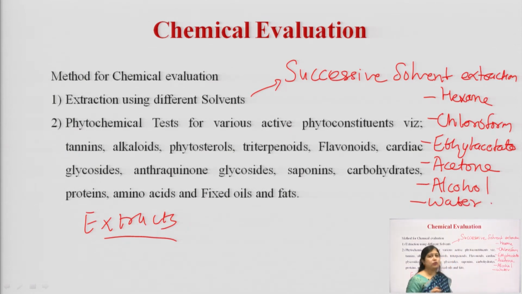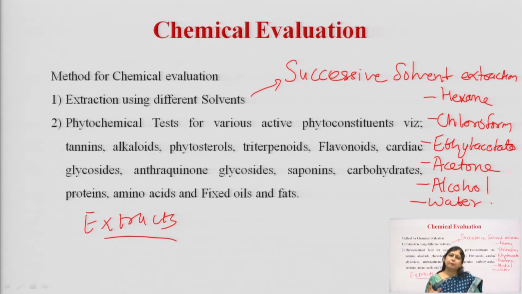These are the main solvents. We can add or remove any of the solvents depending upon our drug, but in general these few solvents are used for successive solvent extraction, starting from hexane which is completely non-polar, then chloroform, ethyl acetate, acetone, alcohol and water.